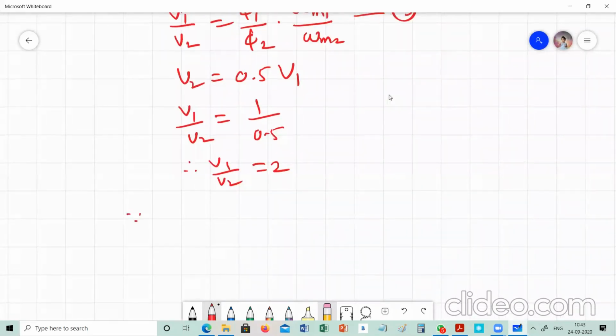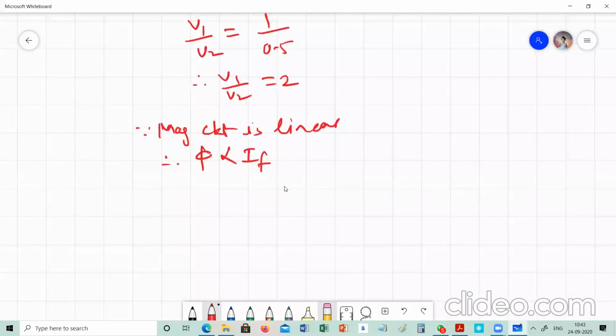Since the magnetic circuit is linear, IF is proportional to phi, or phi is governed by the field current IF. Therefore, I can write phi1 by phi2 is equal to IF1 by IF2.